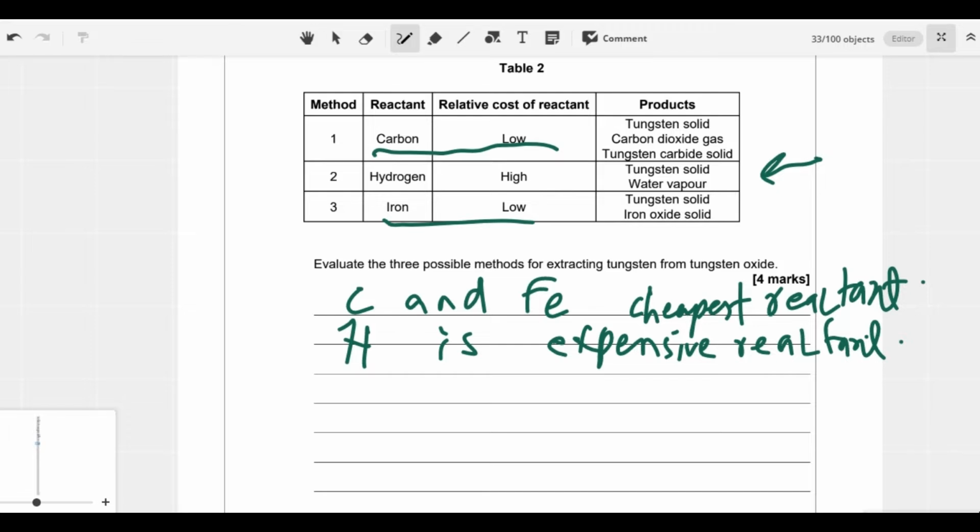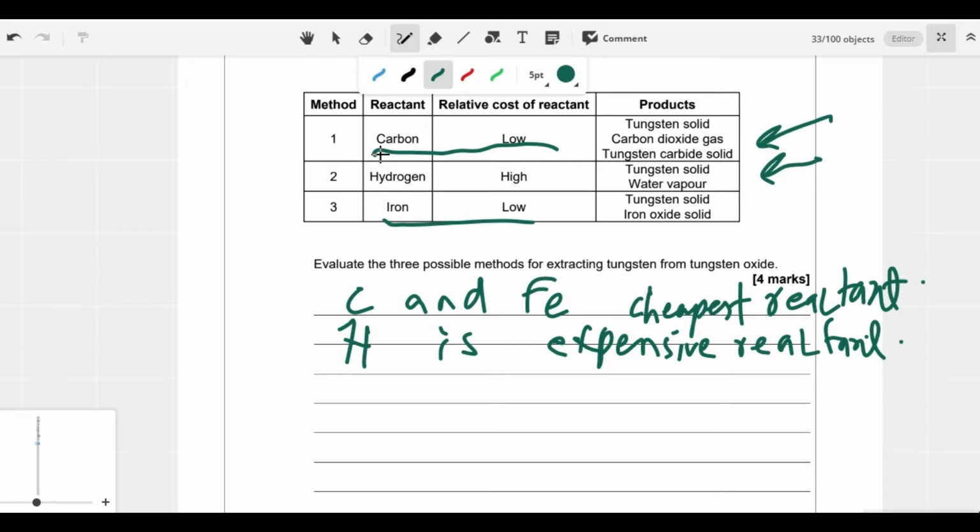If tungsten carbide is present, then in method 1 tungsten needs to be separated, and some tungsten is lost as tungsten carbide, and the carbon dioxide produced will escape during this process. There is also some carbon dioxide produced when we use the reactant carbon here.